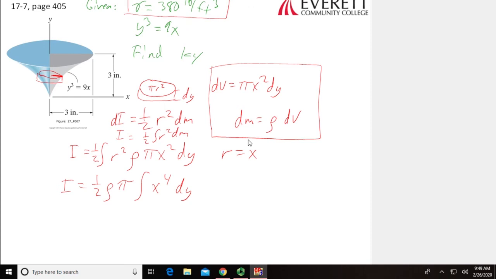Okay, so I now have my equation, and I know, given up here, y cubed equals 9x. If I solve for x, I get that x is equal to y cubed over 9, and I can put that in. I is equal to 1/2 rho pi integral of (y cubed over 9) to the 4th dy.